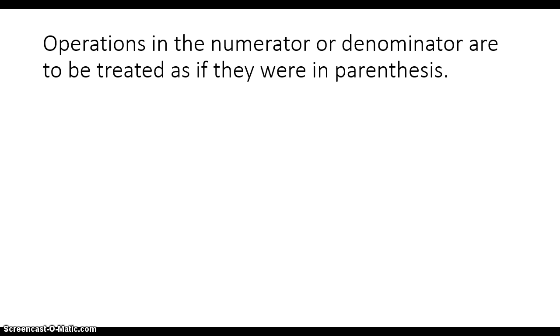Operations in the numerator or denominator are to be treated as if they were in parentheses. And this was an area on the last test that a couple of you mixed up. So let's look at this problem.